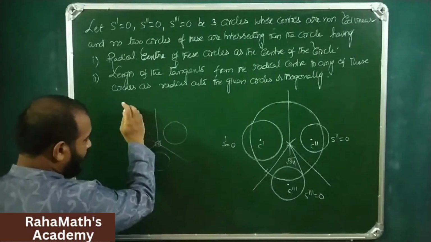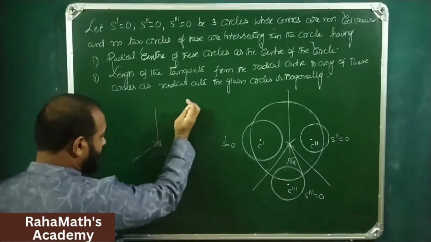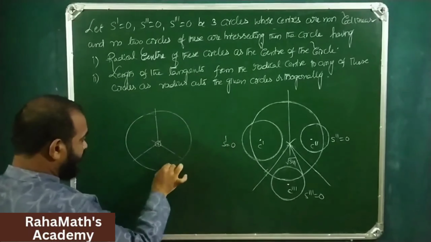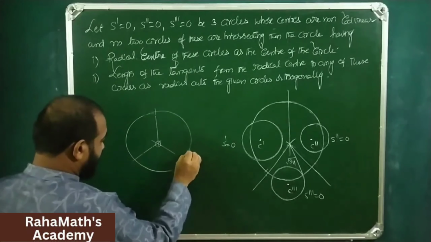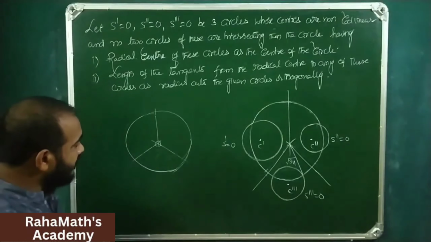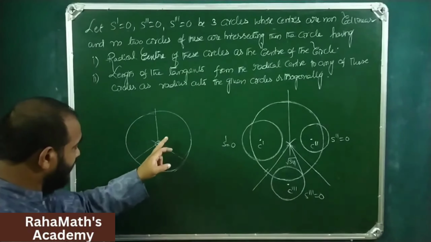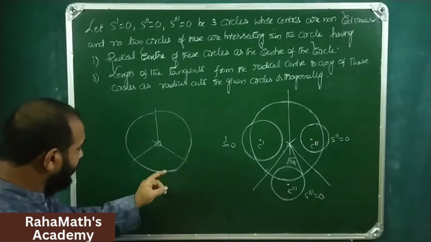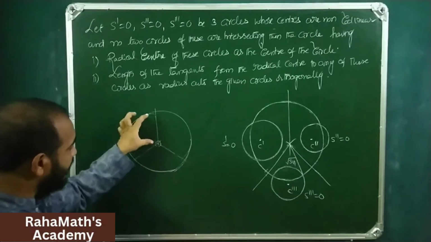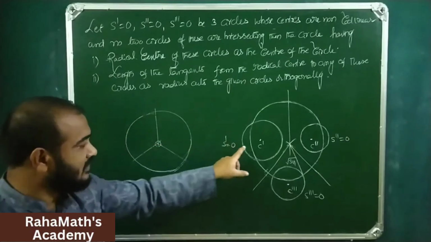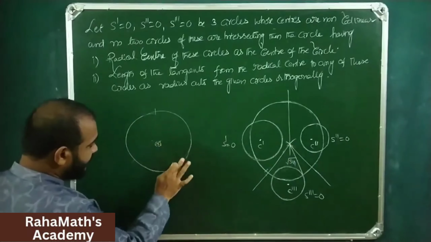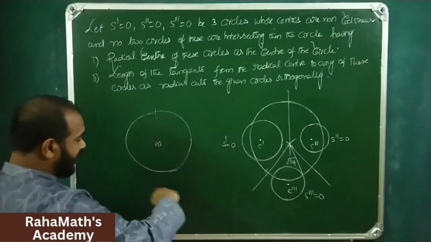This big circle has its center at the point of concurrence of the radical axes of these three circles. So this radical center is the center of the big circle.